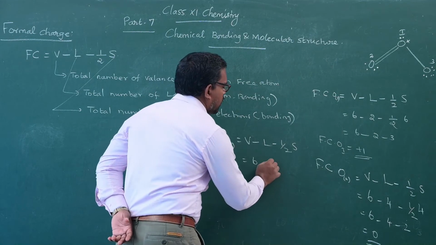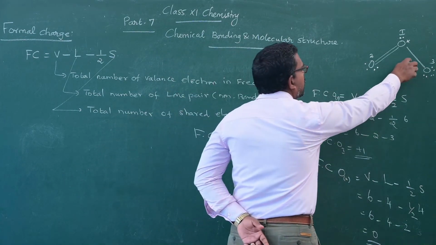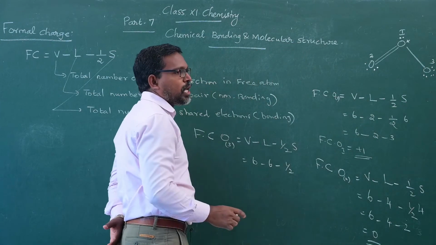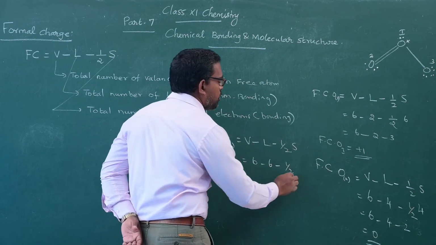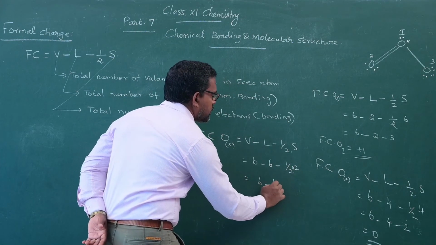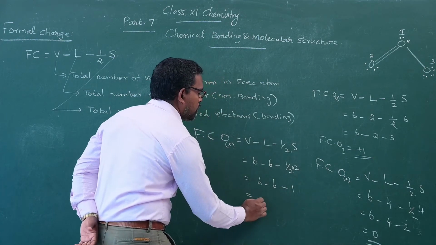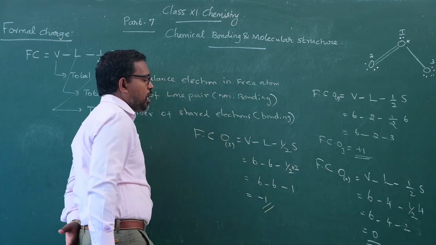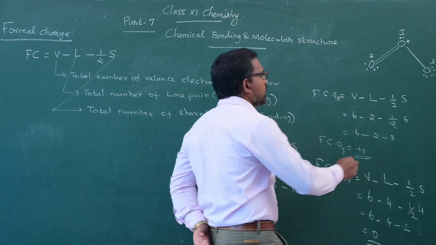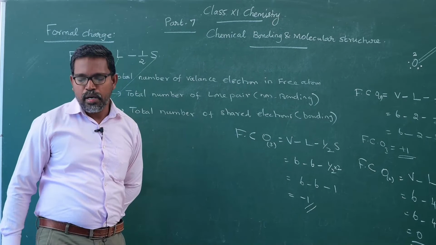Therefore 6 minus 6 minus 1 by 2 into 2, as the shared electrons consist of only one bond. So 6 minus 6 minus 1 is equal to minus 1. The formal charge of oxygen 3 is minus 1. So this is the way to assign the formal charge.